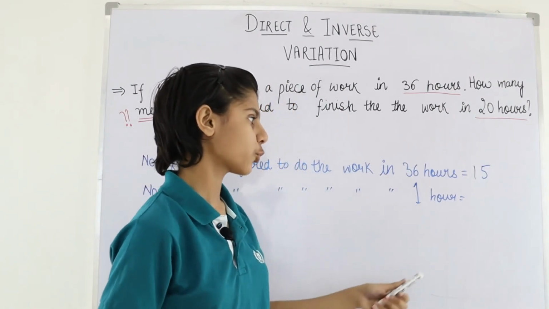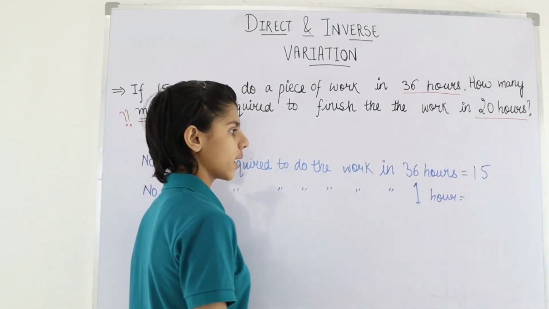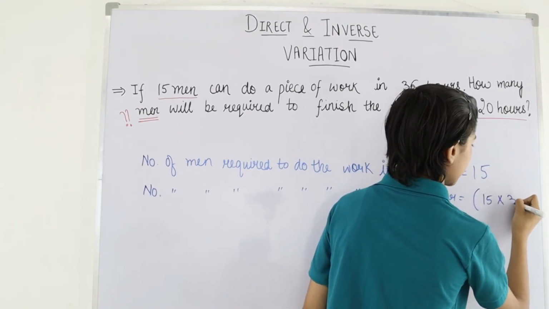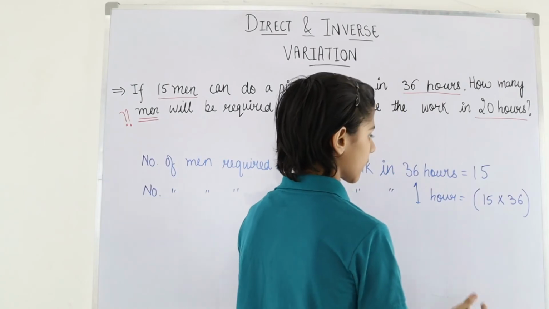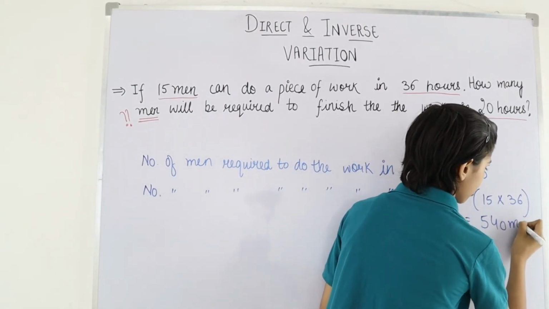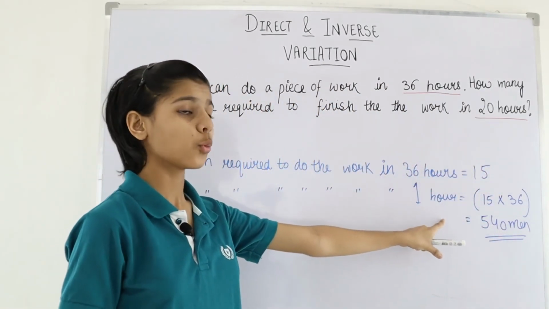So here we have to multiply because we need more here. That's why we will multiply 15 into 36. So here it will be 540 men. So these are the number of men that can do a work in 1 hour.